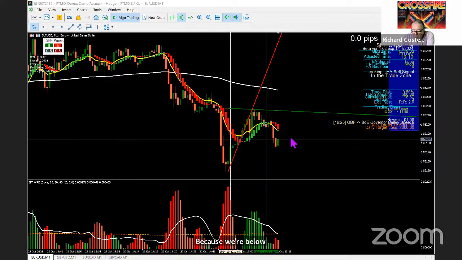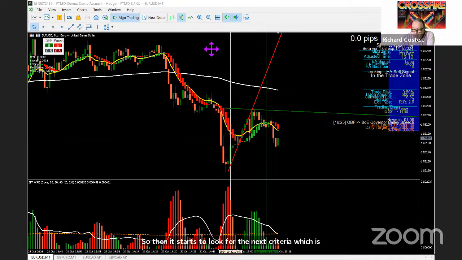Then it starts to look for the next criteria, which is the Heikin-Ashi wave. When we traded, we still sometimes trade using straightforward forex.